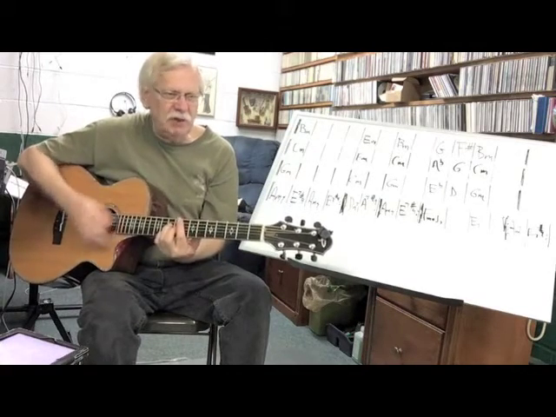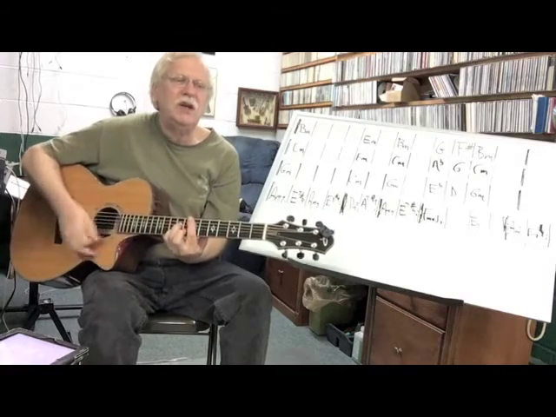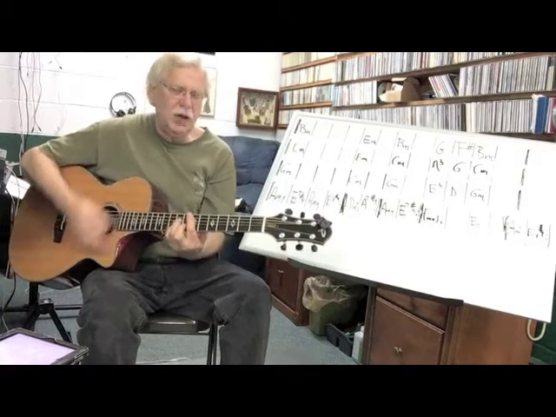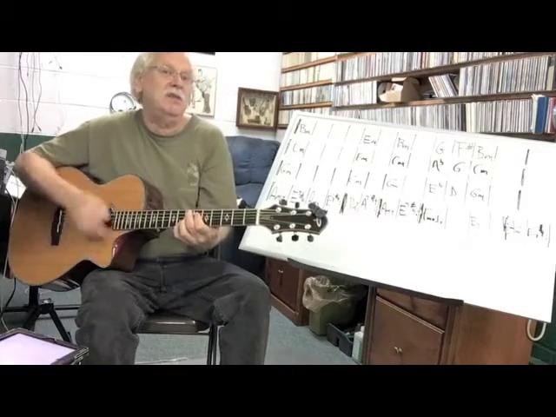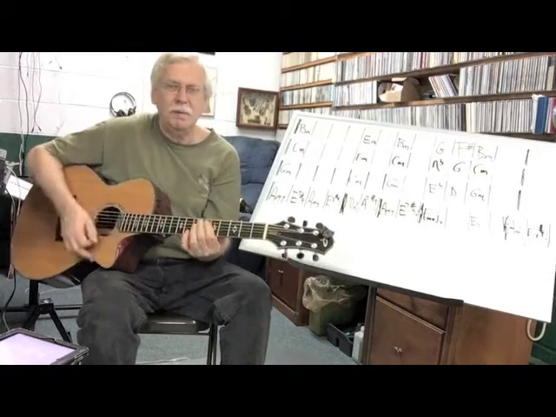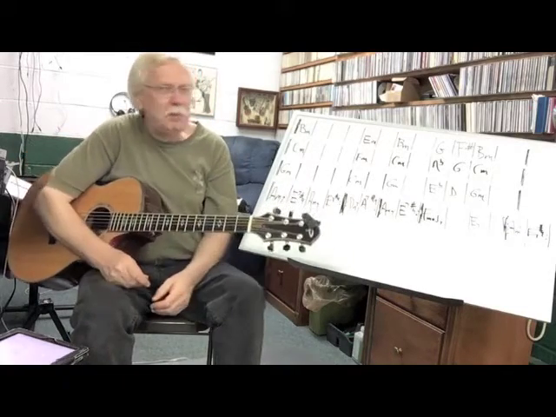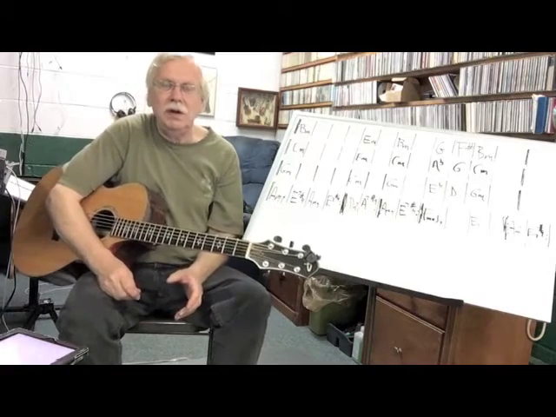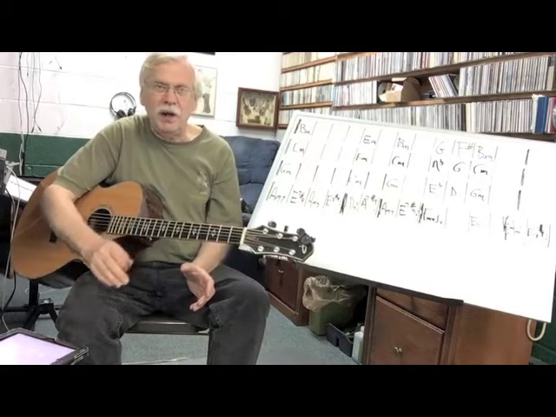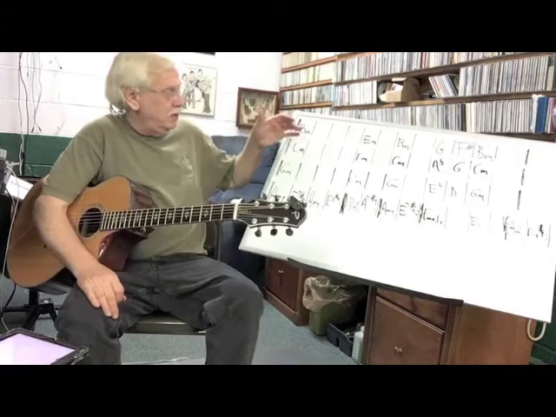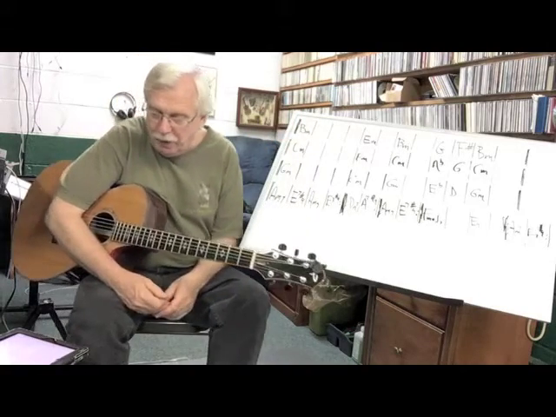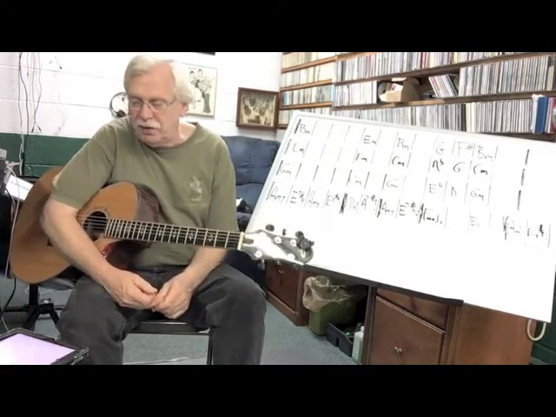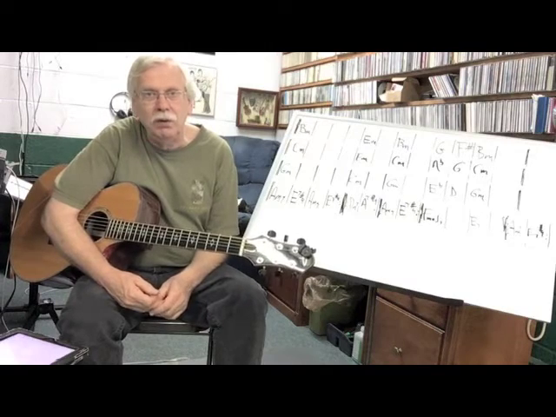F major 7, 2 measures, E7, 2 measures, back to A minor 7, E7, twice. So it's a 24-bar blues in A minor, and I did it in 3/4 time, but essentially it's the same as these other classics. So, like I said, that's a song of my own, and I'll leave you with that.